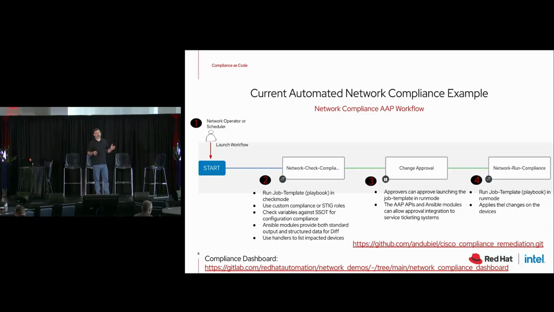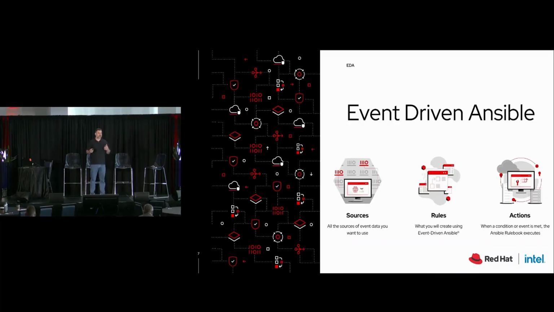I'm going to show you a demo that's gooder, and that's the one that has EDA. So we're going to take a look at Event Driven Ansible, and again, we're going to be able to fix problems in real time. So that's the demonstration that I'm actually going to show you today. I'm not going to double click into Event Driven Ansible, so we have more time for the live demonstration, because we've already talked about it. Lee did a really good job earlier, giving you a nice level set around how event-driven Ansible works.